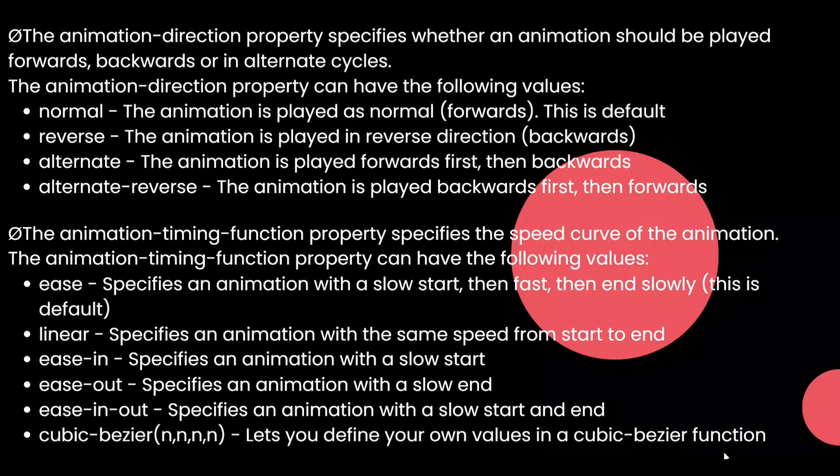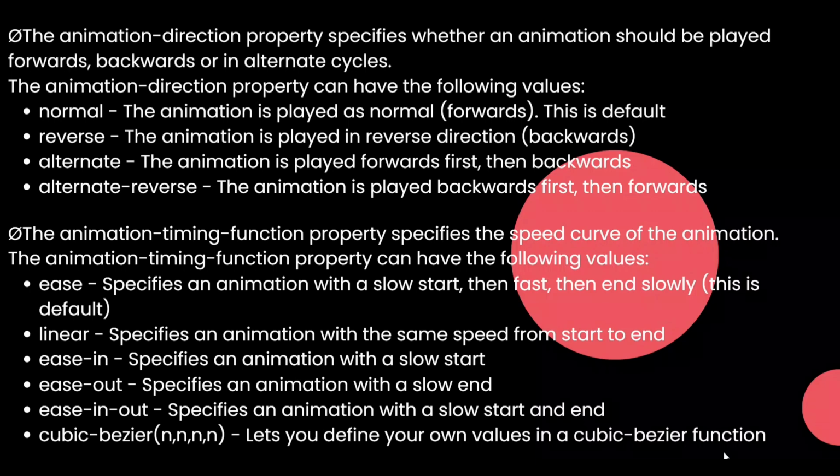The next property is animation timing function. This property specifies the speed curve of the animation. For example, how the animation should start: it should start slowly, or start fast, or its starting and ending speed should be the same.